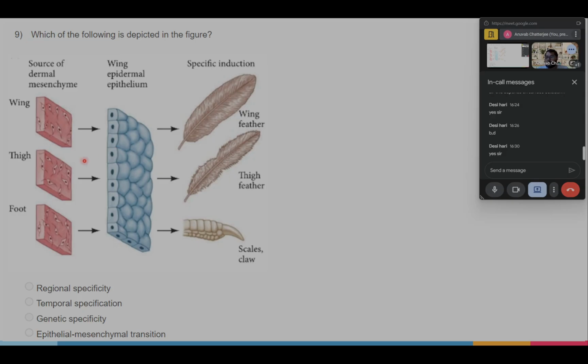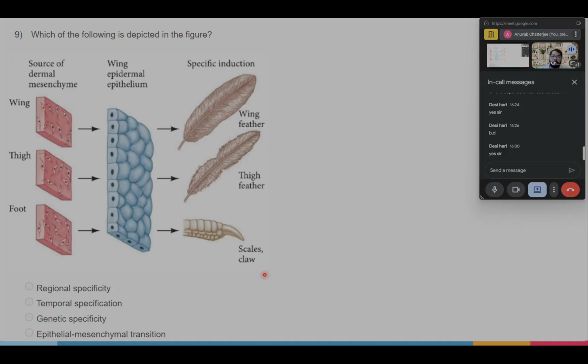But when they took mesenchyme from the thigh and placed the epithelia on top of it, the same epithelia now formed a thigh feather. And finally, when they took the mesenchyme from the foot of a bird and put the same epithelia on top of it, it formed scales and claws.